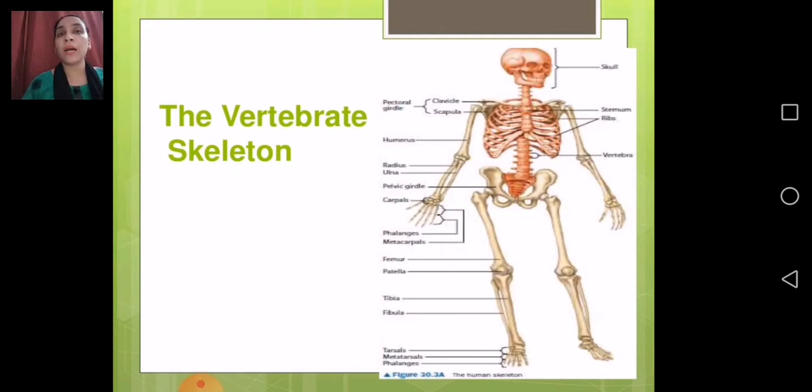Those who do not have a skeleton, what kind of body structure do they have, or what kind of skeleton do they have, which allows movement in the forward direction, how they can walk or how they can move, shift from one place to another place.